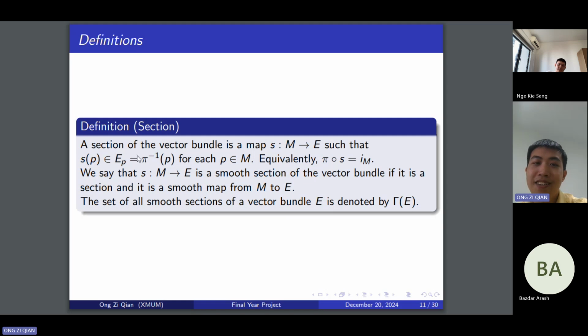Map P to one of the pre-images of P. So in other words, pi composite with this S is the identity on M. And we denote all the smooth sections of a vector bundle by gamma E.